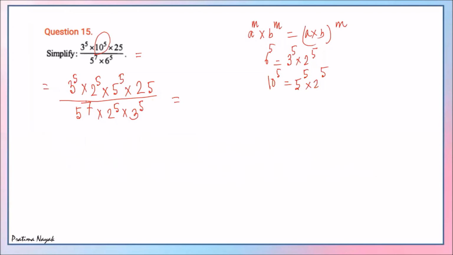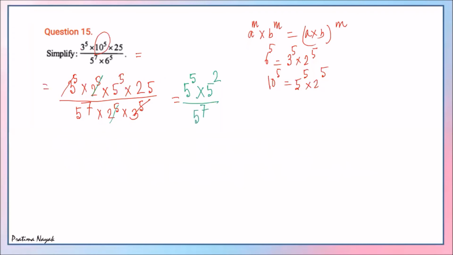Now see, we are getting so many things cancelled. 3 to the power 5, 3 to the power 5 cancelled. And what else? 2 to the power 5, 2 to the power 5 cancelled. Now see, this is 5 to the power 5 and I can write that 25 is 5 to the power 2.